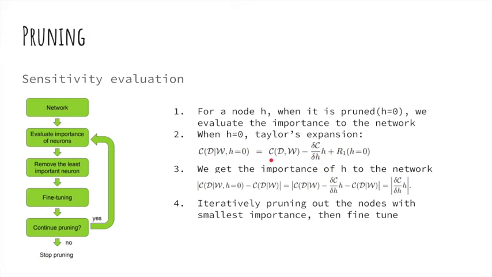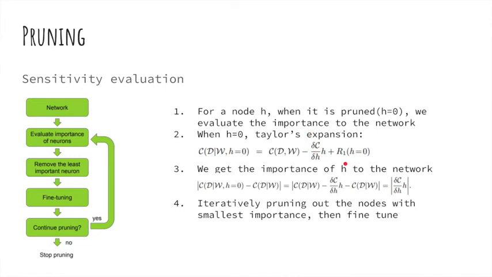If the node is not pruned, then the loss is C(D|W), minus the first order partial derivative of the loss with respect to H times H, plus the high order terms. For H equals 0, this high order term could be ignored.